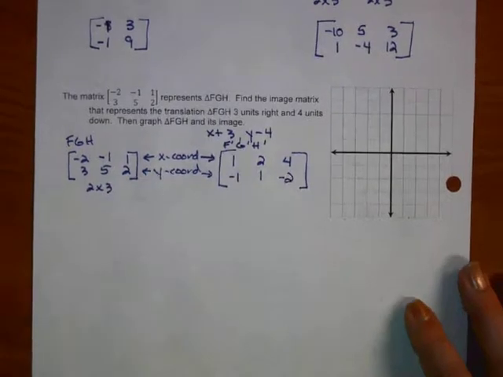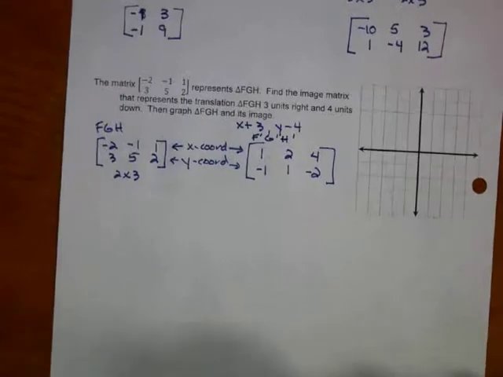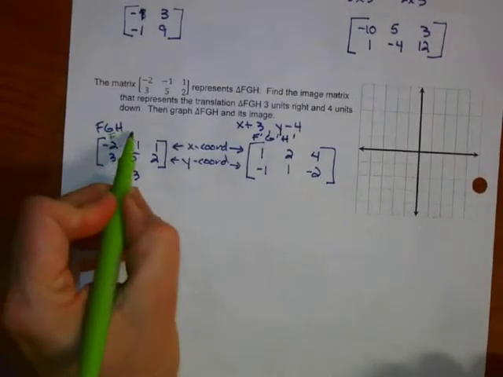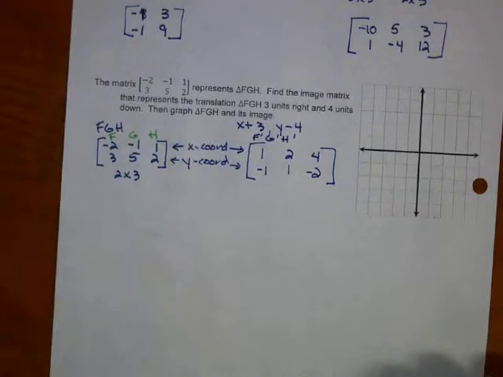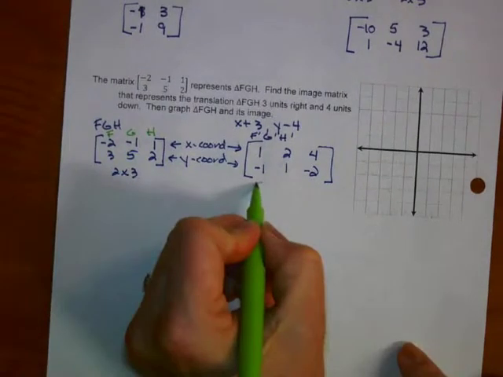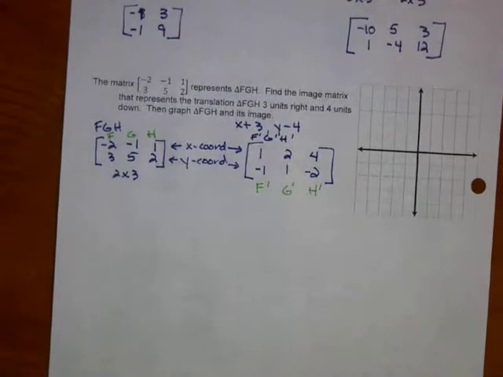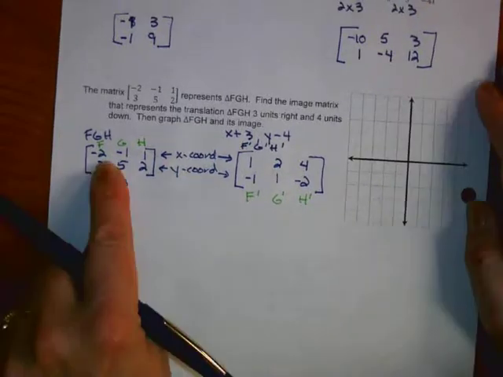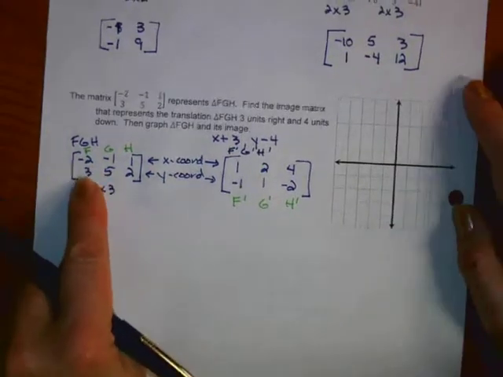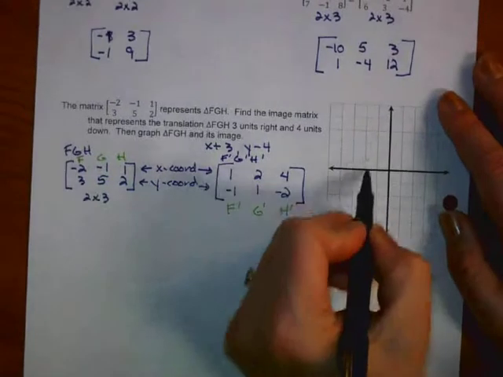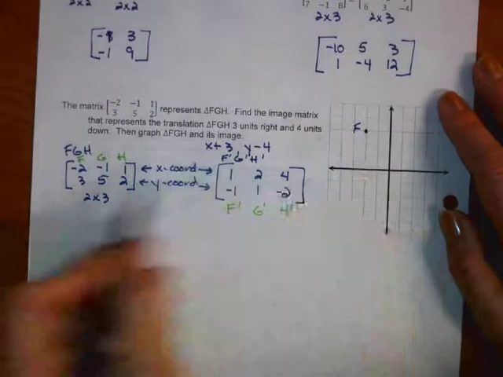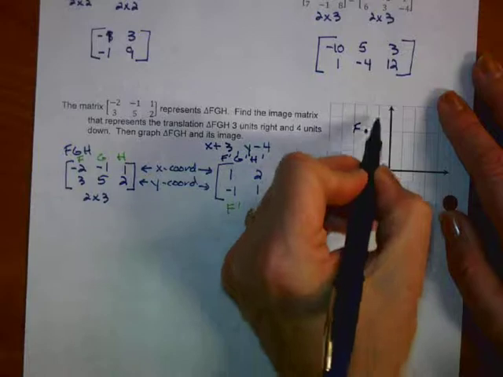Okay? Now, if I have to graph these, this is point F, this is point G, and that's point H, correct? And this is F prime, G prime, H prime. You see it? Okay, let's graph my pre-image. Negative 2, 3. That's F. Negative 1, 5.